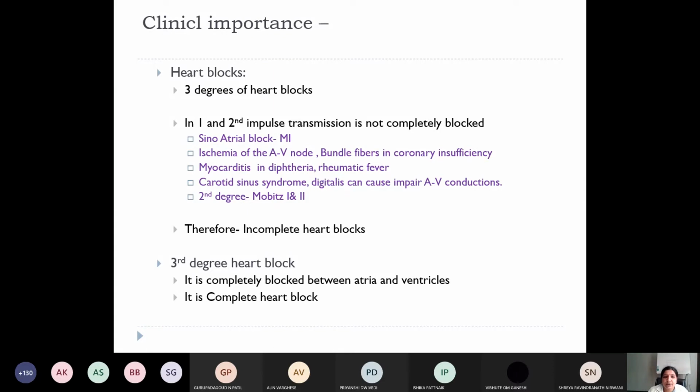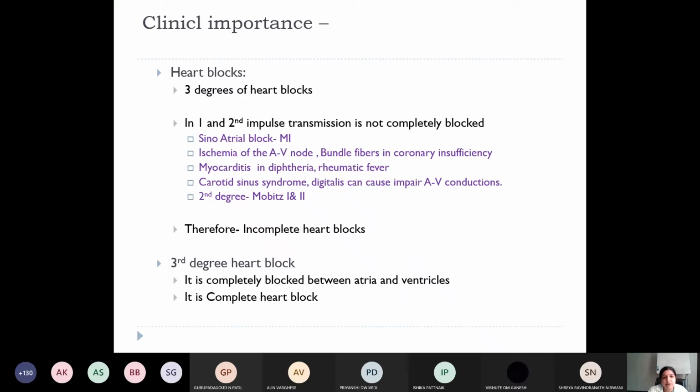You have to remember the disease names, because whenever such patients come to you, you will have to think that the person may be having these symptoms or heart blocks. It may be because of MI, like that. You have to coordinate your knowledge with the diagnosis.